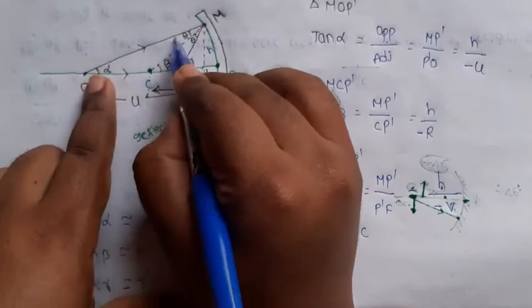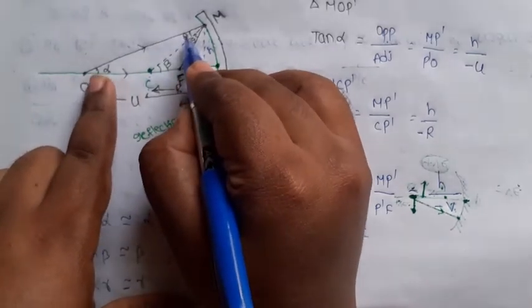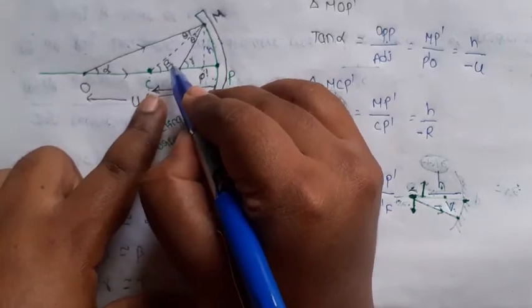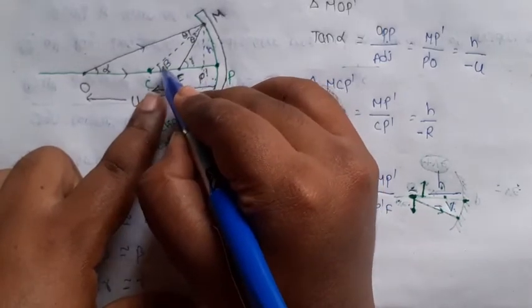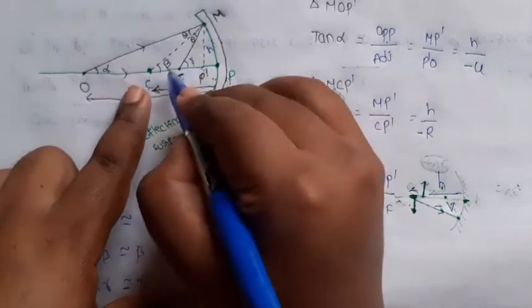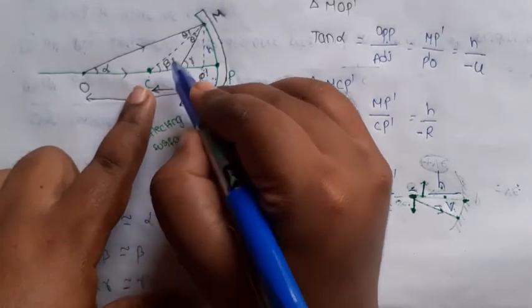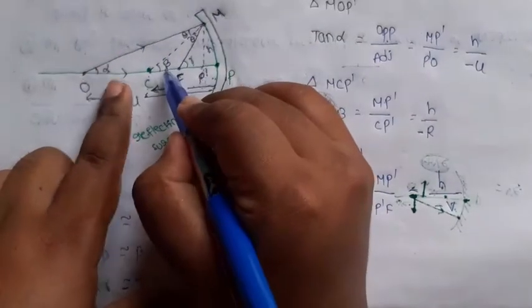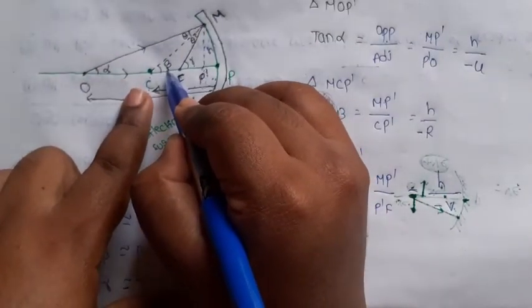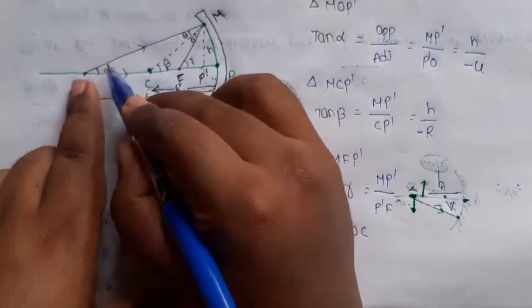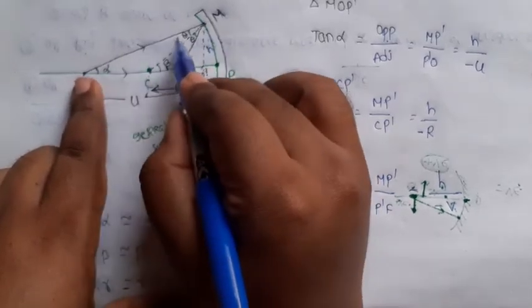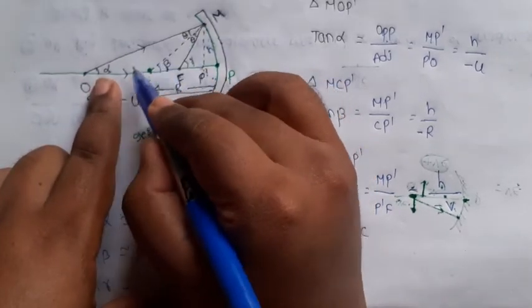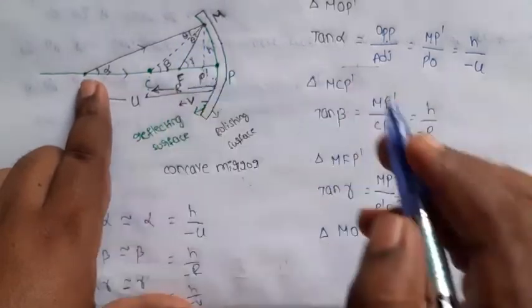Theta and alpha are the interior angles of the triangle. Beta is the exterior angle of the triangle. So the exterior angle beta is equal to the sum of the interior angles, so beta equals alpha plus theta.